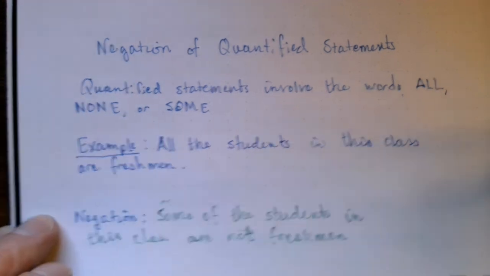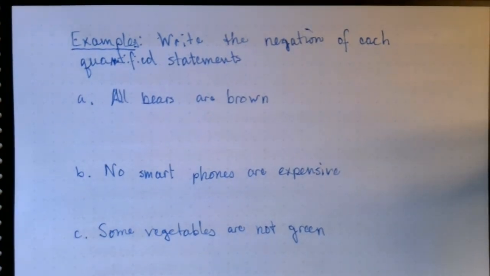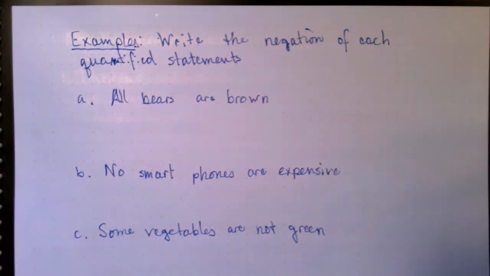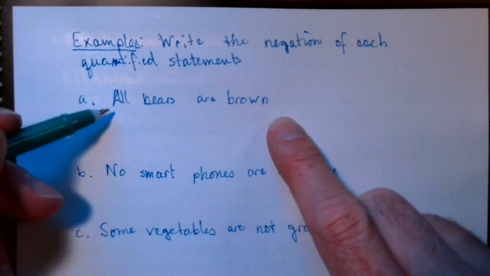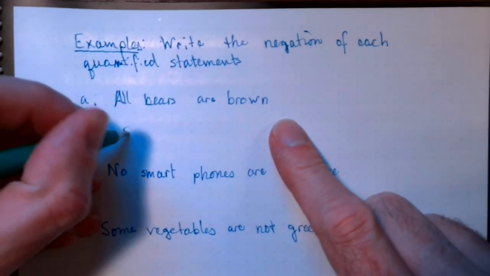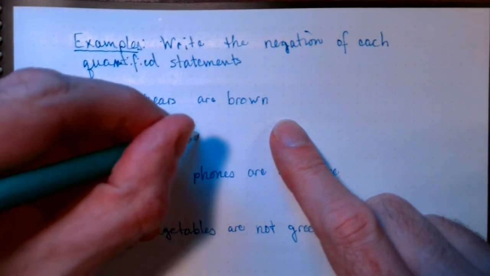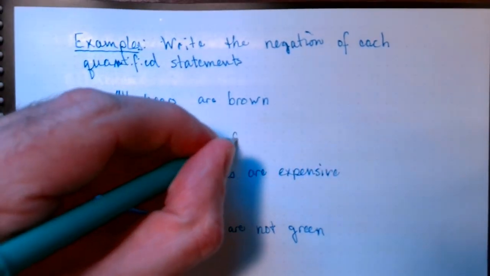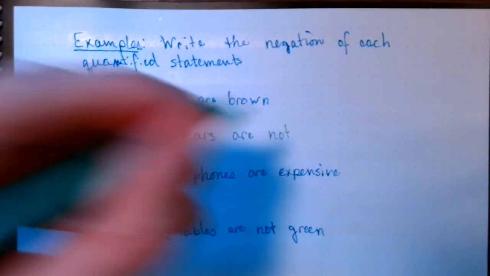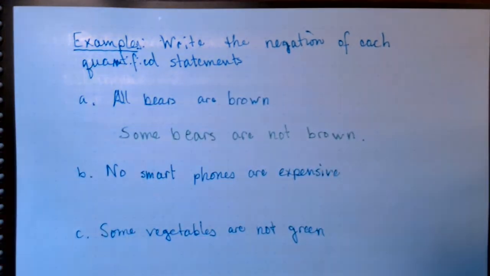Let's look at a couple more examples. Okay, so we're wanting to write the negation of each of the quantified statements. All bears are brown. Okay. The negation. Some bears are not brown.